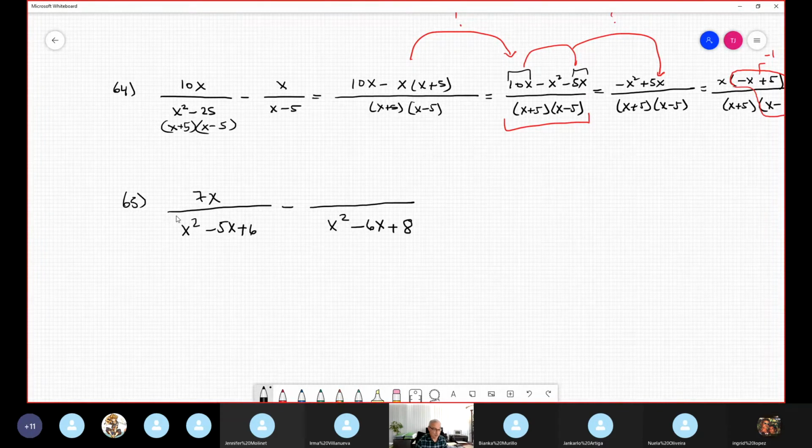And the top we have 28. Okay. What is the first thing you should do before finding the least common denominator? Factorization. You find the factorization of this trinomial and the factorization of this trinomial.